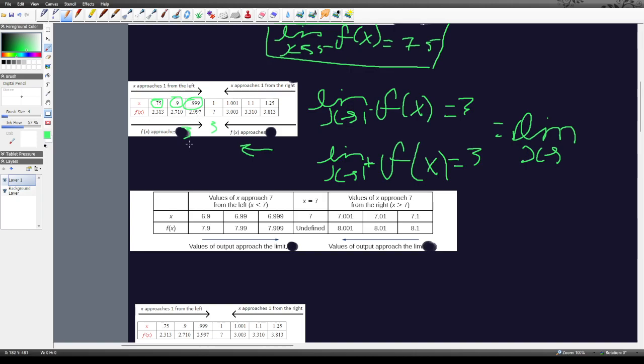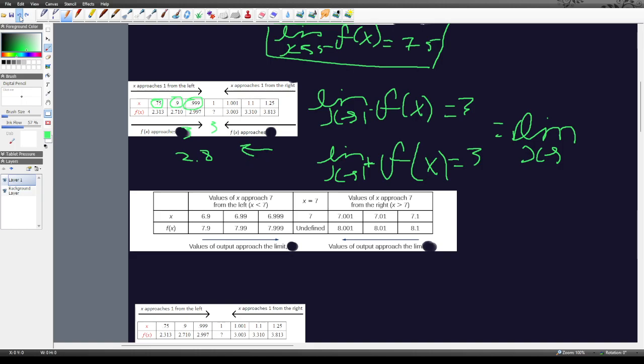So we were given here like 28 and 31, or actually, that's not a good example, like 3.5. There we can conclude that the limit does not exist since these two do not equal.